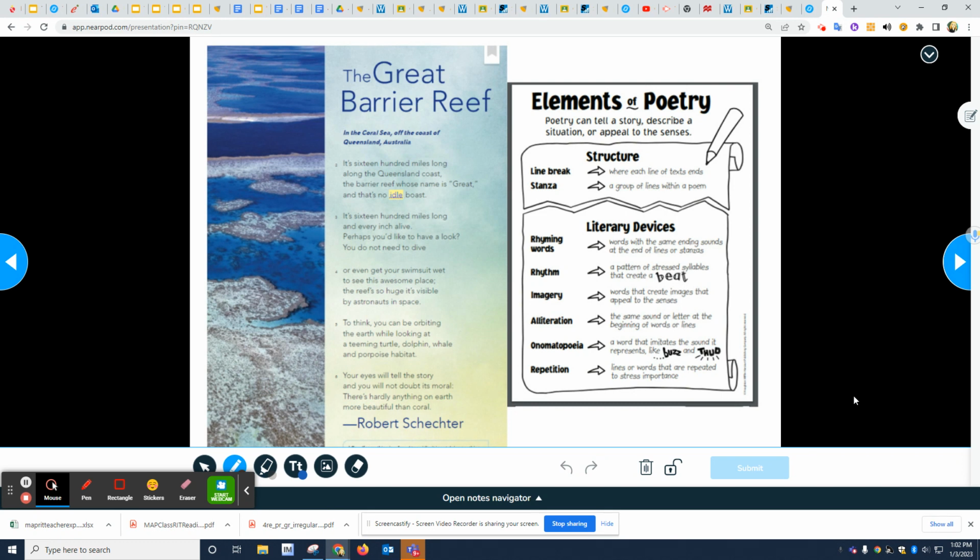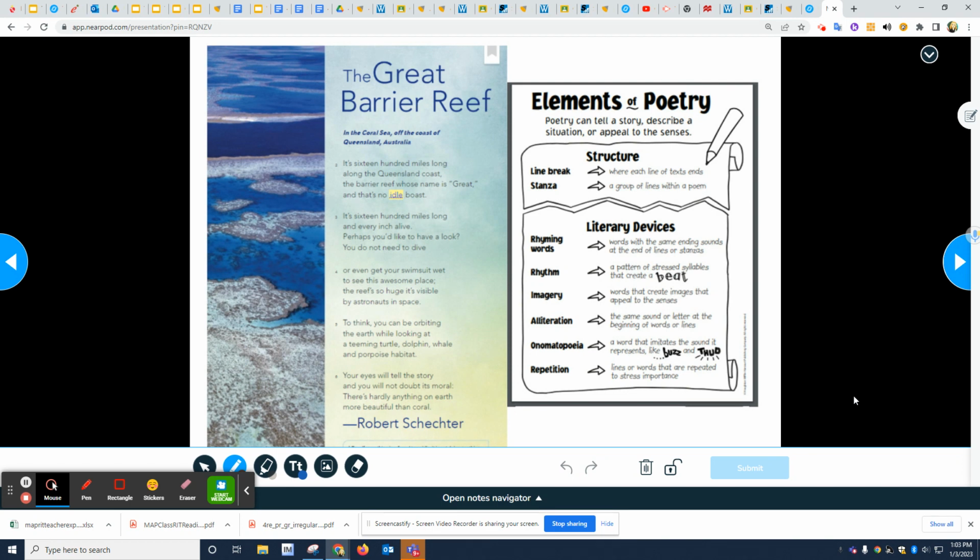The reef's so huge, it's visible by astronauts in space. To think you can be orbiting the Earth while looking at a teeming turtle, dolphin, whale, and porpoise habitat. Your eyes will tell the story, and you will no doubt get its moral. There's hardly anything on earth more beautiful than coral. So that's my first read.